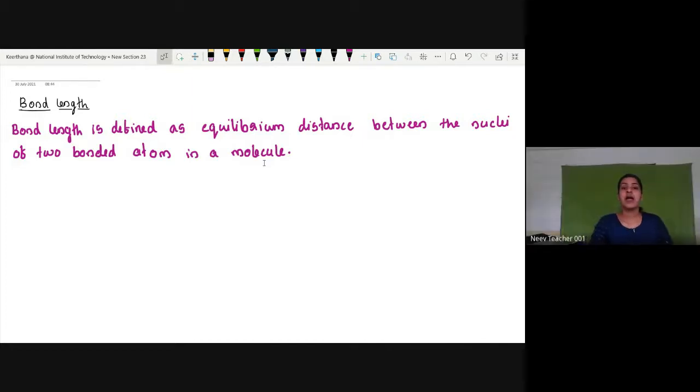Actually, the bond length is defined as the equilibrium distance between the two nuclei of two bonded atoms in a molecule. Like if a bond is forming between two atoms, the distance is the equilibrium distance between the nuclei of the two bonded atoms in a molecule.